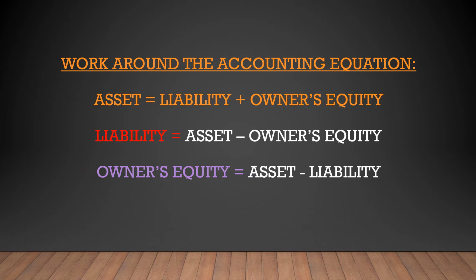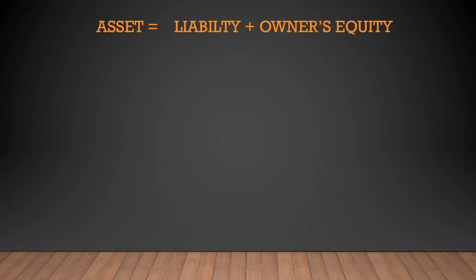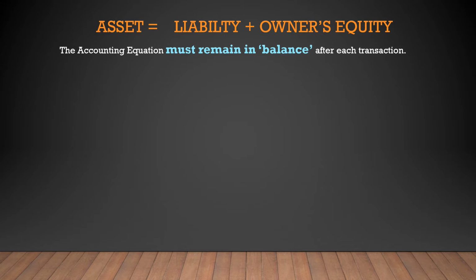Now just to recap again, the very important essence of this accounting equation is that the accounting equation must remain in balance after each transaction. Meaning to say, if we have 100 here, over this side, it has to be 100.